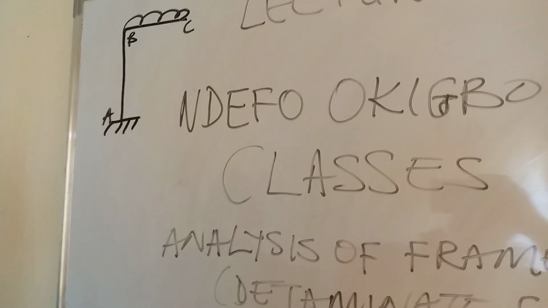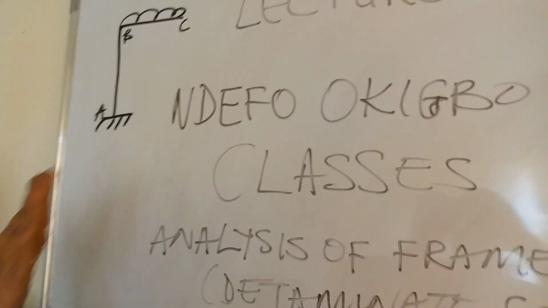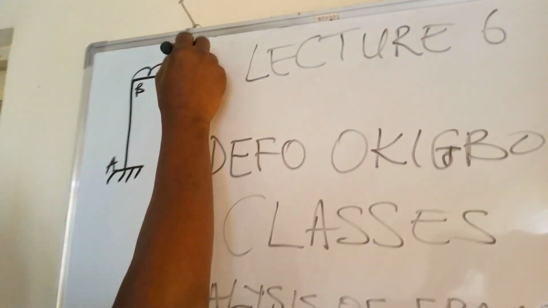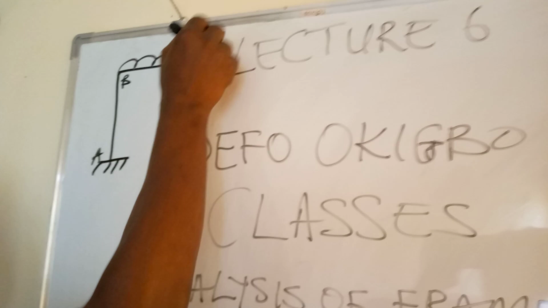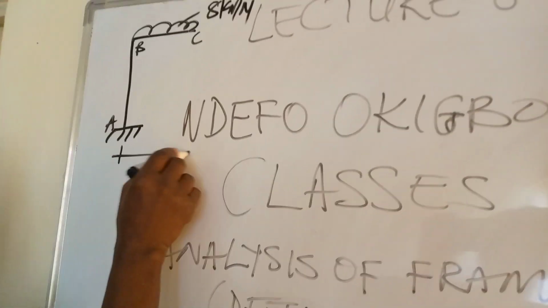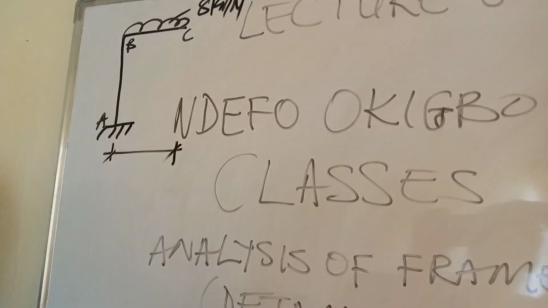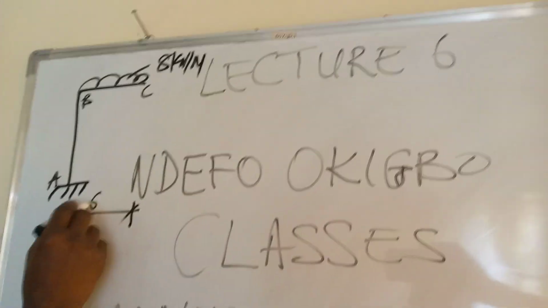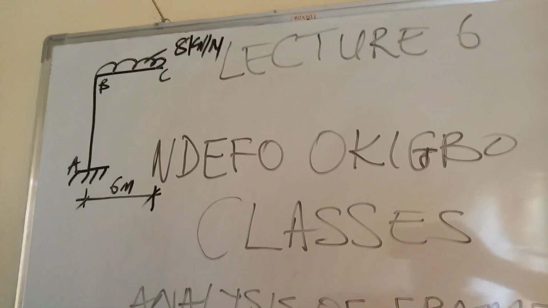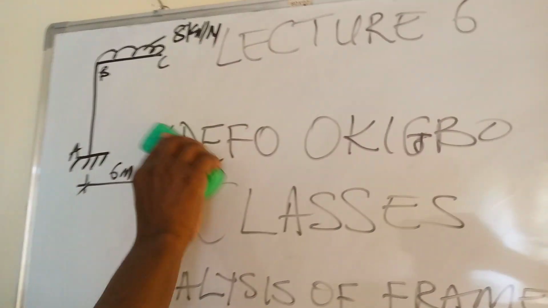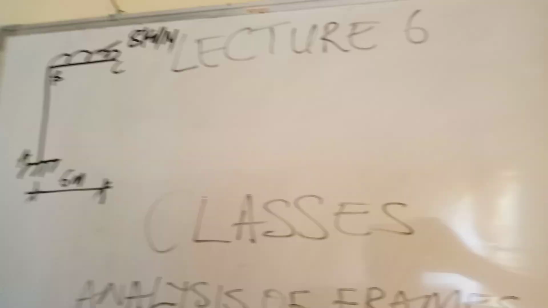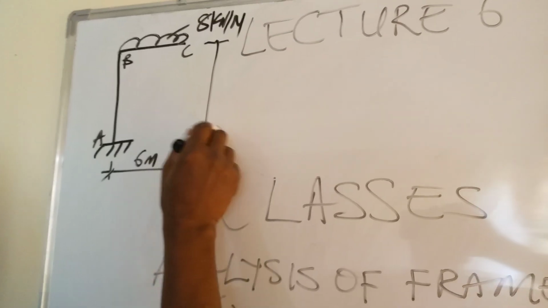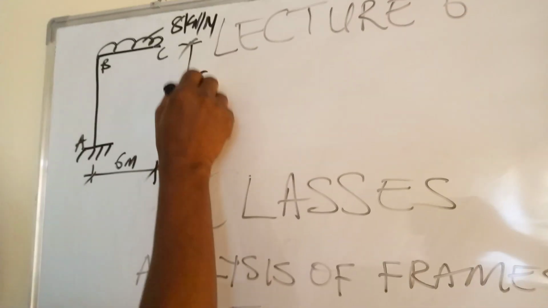Now, let me load this frame with a load of, let's say, 8 kilonewton per meter. Let's say the span of the frame is 6 meters, and the height is 5 meters.